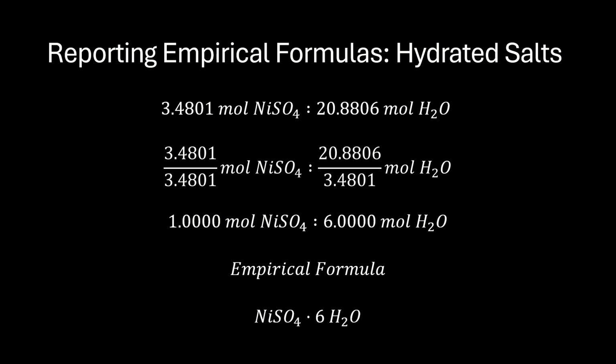We're going to write the formula of our metal salt, in this case NiSO4, and then, as if we're multiplying, write a little dot next to the metal salt formula, then write the number of moles that you calculated for water, and then write the formula of water, H2O. This would be the way to write an empirical formula for a hydrated salt.